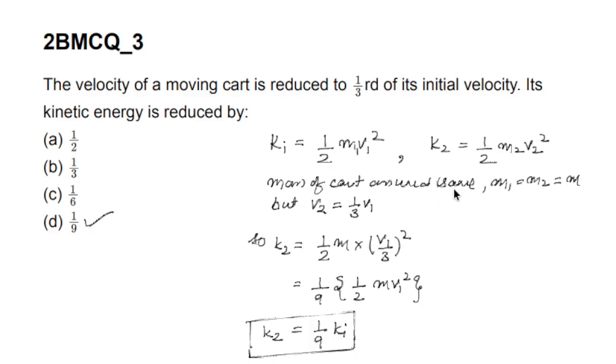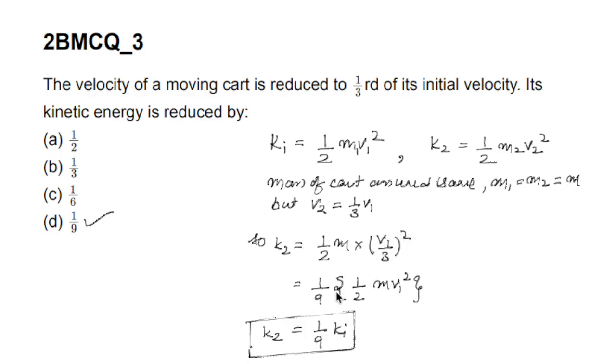But if we want to solve mathematically, this is how we will go. Let's say K1, the initial kinetic energy, is half m1 v1 square and K2 is the final kinetic energy, half m2 v2 square. Mass they have not given, so let's say it is constant. Mass is considered the same, m1 equals m2 equals m. But v2, the final velocity, is one third of v1. So K2 will be half m into v1 by 3 whole square.